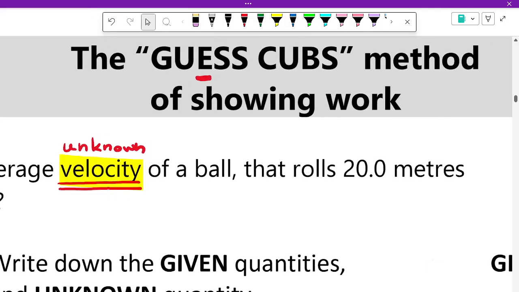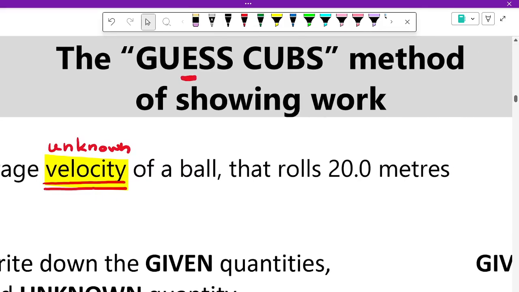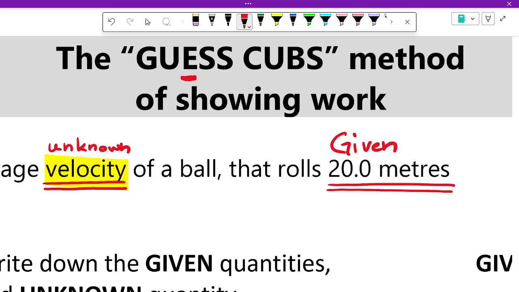We are told that this ball, we want to know its velocity, it rolls 20 meters. 20 meters is something that we are given in the question. Okay, we are given that quantity. What quantity are we measuring if we have 20 meters? That is measuring distance.